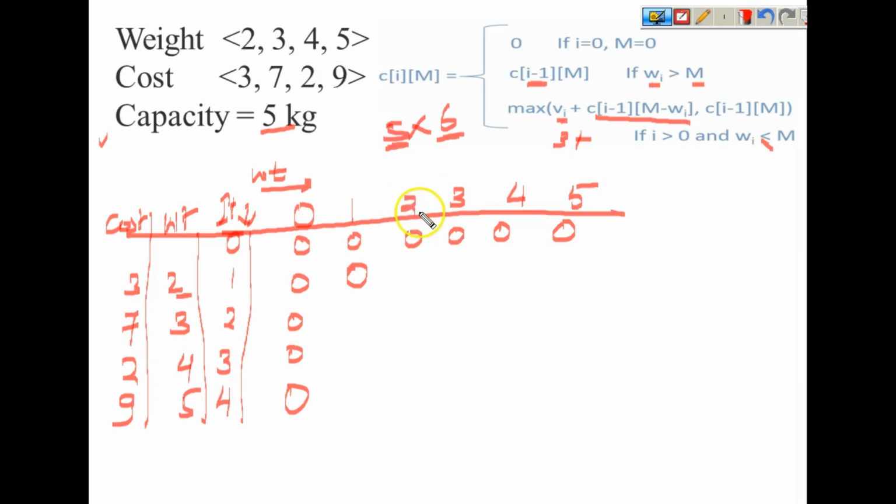So 2 is the weight of the knapsack, 2 is the weight of the item. Now what is remaining? 2 minus 2 is 0. So at 0, what you are getting is 0. Again I repeat, this means m minus wi, means when you fill the knapsack with this weight, what capacity remains in the knapsack.